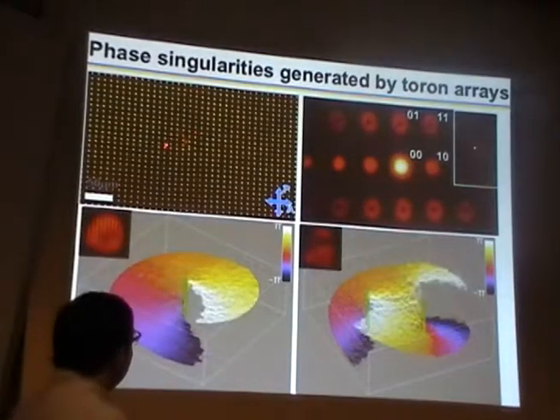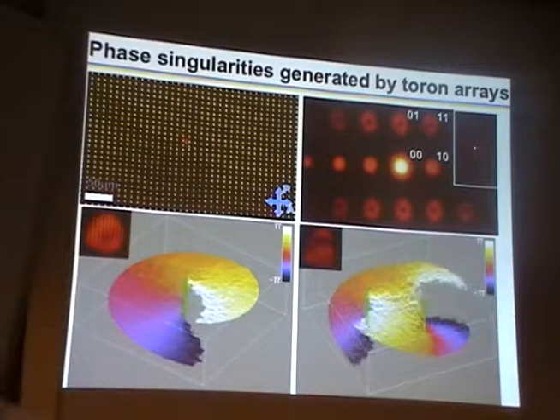Now if you generate such a periodic array that has a dislocation in it, right? Here you can see such a dislocation, because if you were to count the number of rows of torons on the left side and right side, you would get a different number, right? So there is a dislocation with a Burgers vector equal to this periodicity.